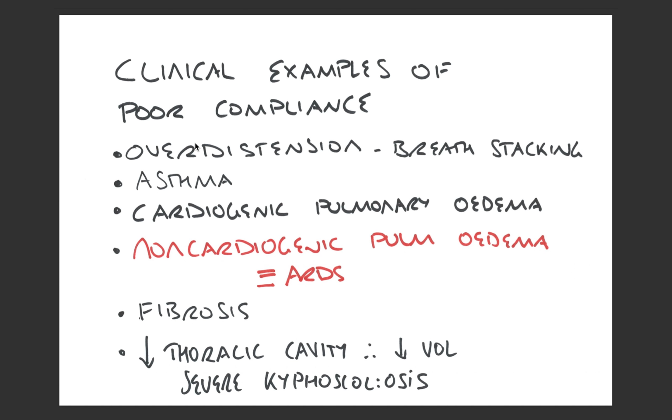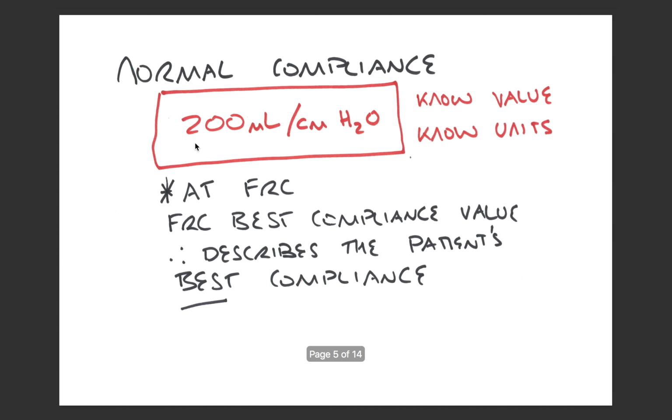Non-cardiogenic pulmonary edema, which we might describe as ARDS. Any fibrosing disease, any disease that decreases the thoracic cage volume, such as severe kyphoscoliosis or morbid obesity, will also lead to poor compliance.